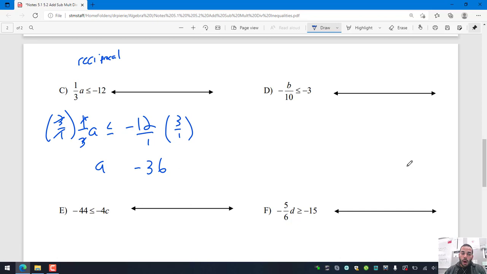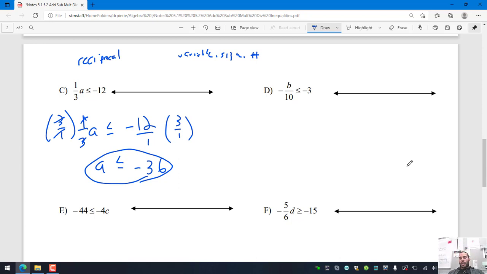No, I've only multiplied by a positive number. That negative 12 already started as negative 12. I didn't multiply by a negative to isolate A, so I leave my sign as is. It's less than or equal to. I'm in that format of variable, sign, number right now. A is less than or equal to negative 36, and that's always what I want.